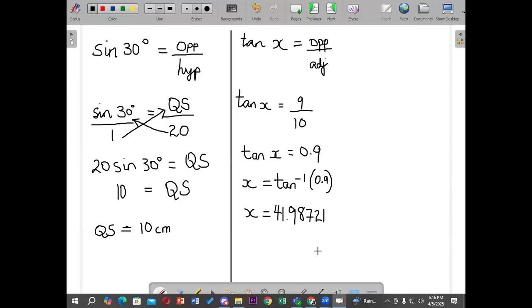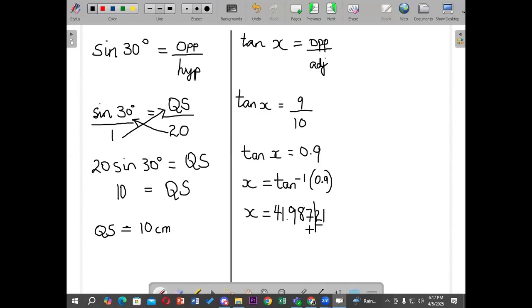Thankfully for this question, it asks for the nearest degree, which means we don't need to stress too much on the decimal values, right? But just for that bit of reinforcement, if we want to round off, in this case, let's say to 3 decimal places, we'll pay attention to the 4th decimal place. And in this case, because the 4th decimal place is less than 5, our answer would be 41.987 if we wrote it correct to 3 decimal places, all right?